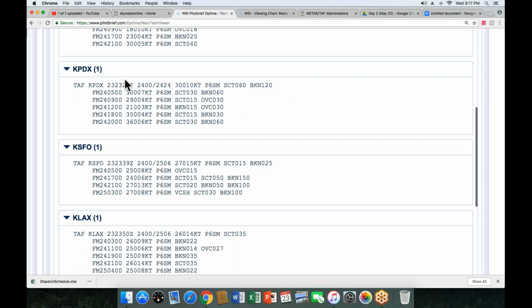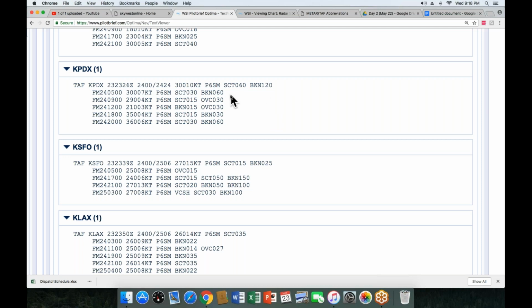You just got to remember that this line starts at 0500 Zulu. So everything prior to that falls into this line. This line starts at 09. So everything prior to that, up to and including 0500 Zulu, is in this line. And so on and so forth.